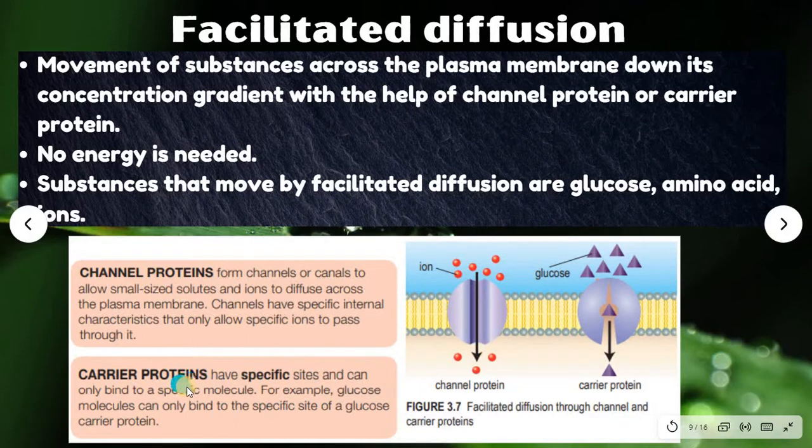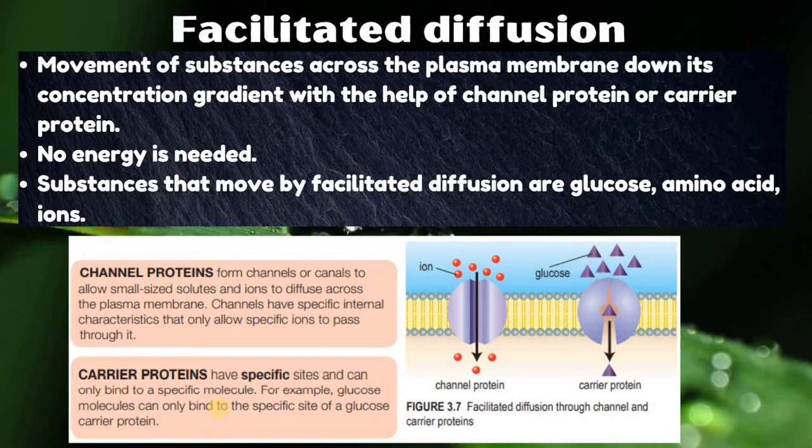And then carrier protein. Carrier protein has a specific site. What is a specific site? So this is the specific site, and it can only bind to a specific molecule. It means the carrier protein has a specific site that only can bind to a certain molecule.